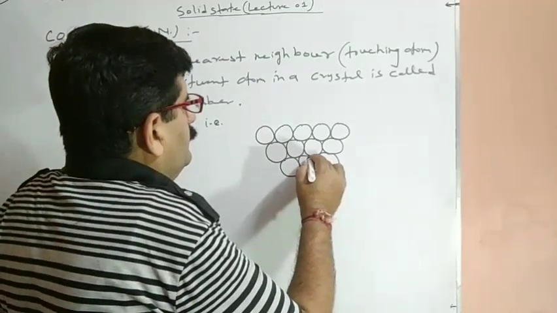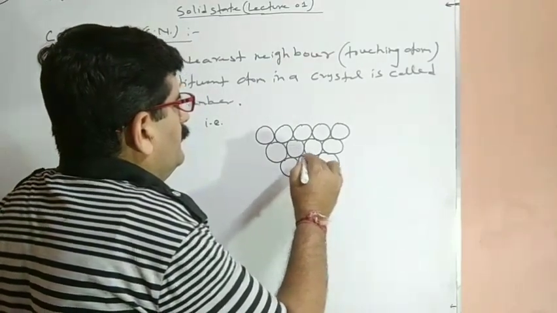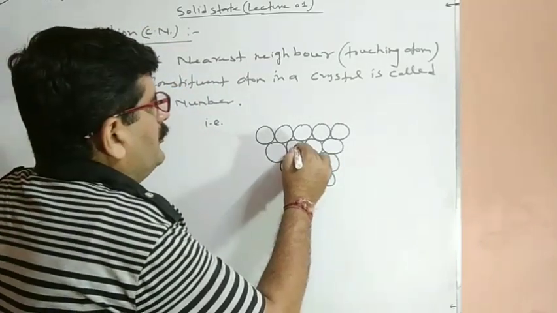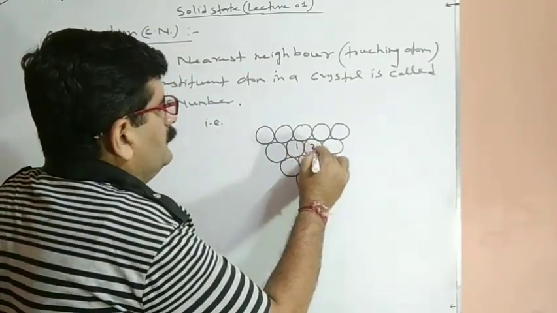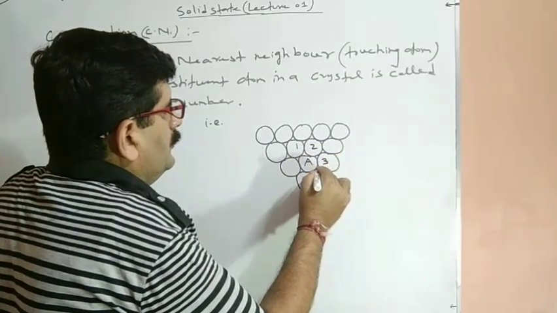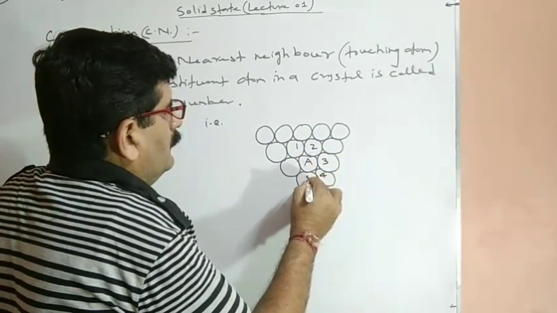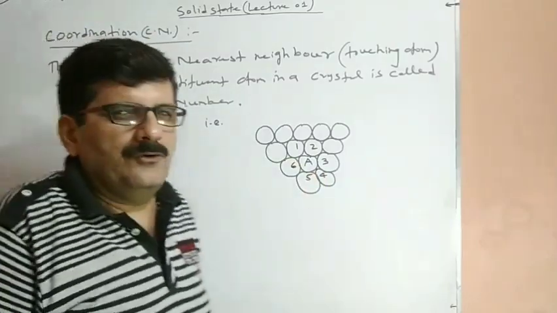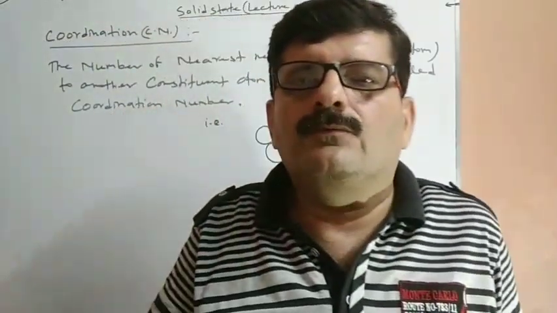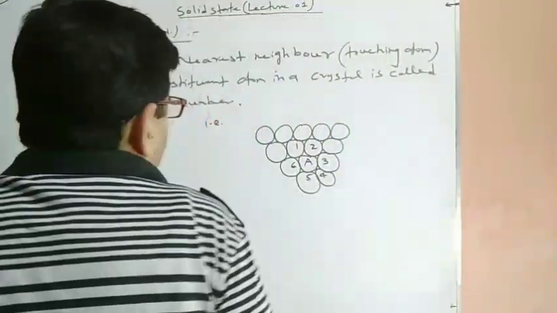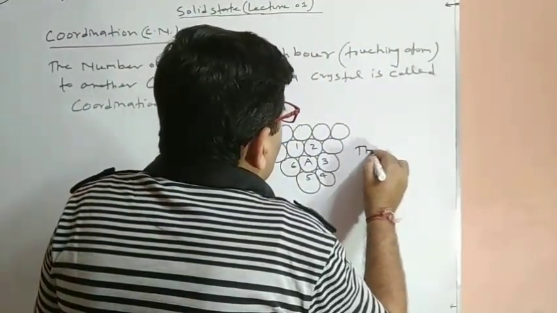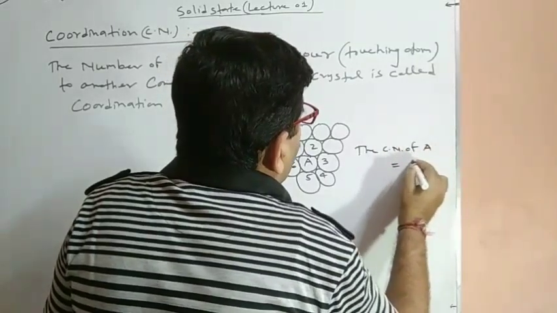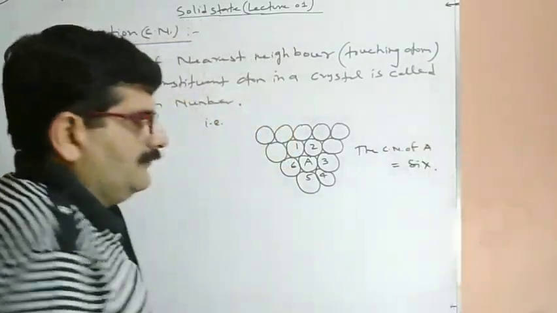Suppose we consider this atom A. It is surrounded by how many atoms? 1, 2, 3, 4, 5, 6. So A is surrounded by a total of 6 atoms. That's why the coordination number of A is equal to 6.